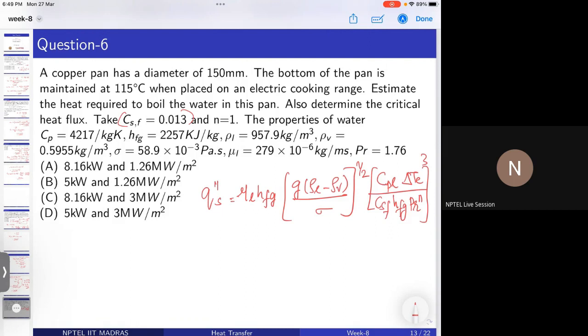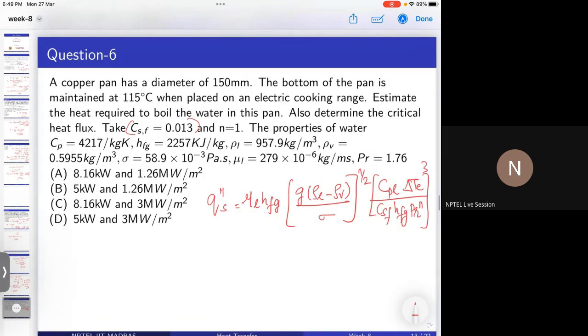So for water and copper, for polished surfaces, it's normally 0.013, which is given. For example, if you are using a stainless steel pan, this CSF value and the n value will also change.